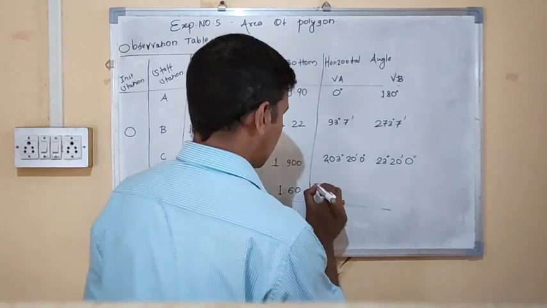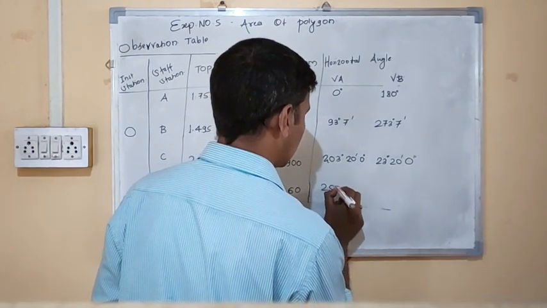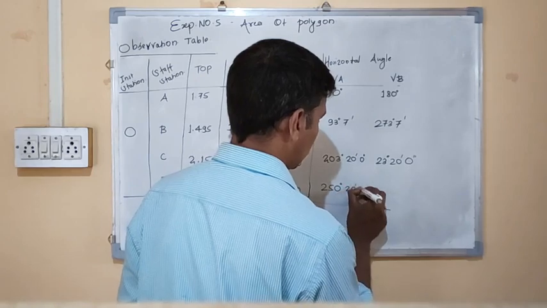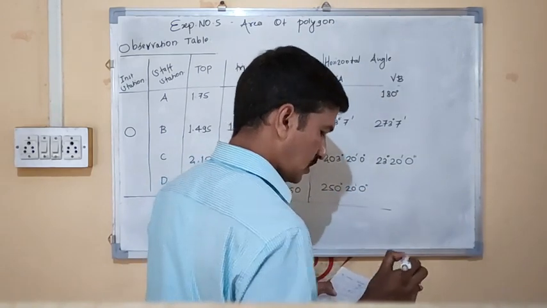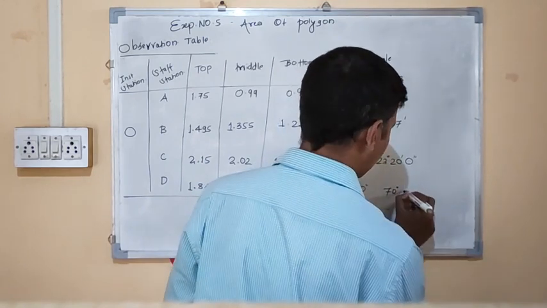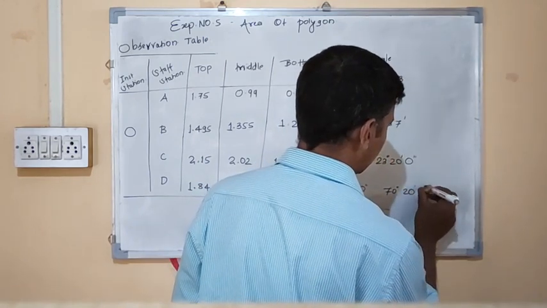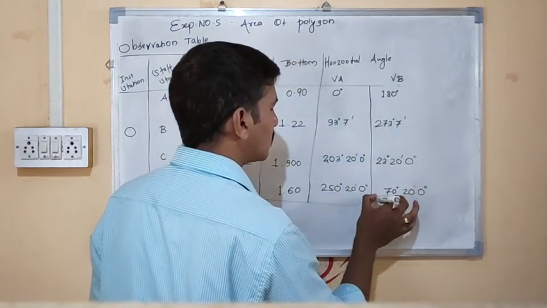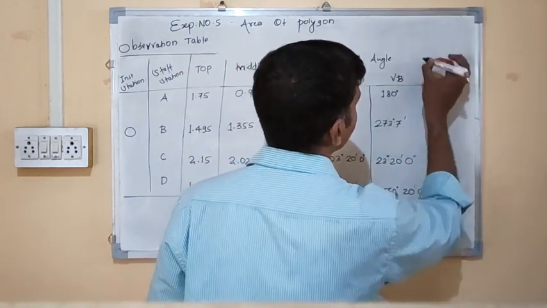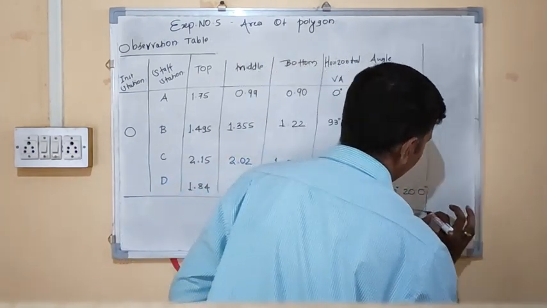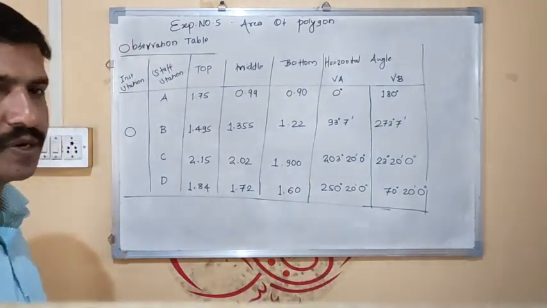Last observation is 250 degrees 20 minutes 0 seconds, and here it is 70 degrees 20 minutes and 0 seconds. These are the observations I have taken by using the repetition method.